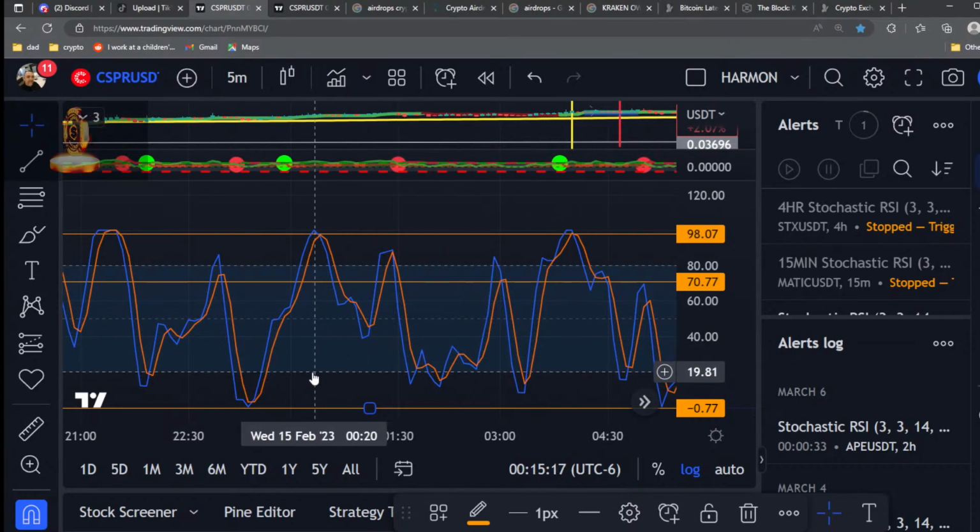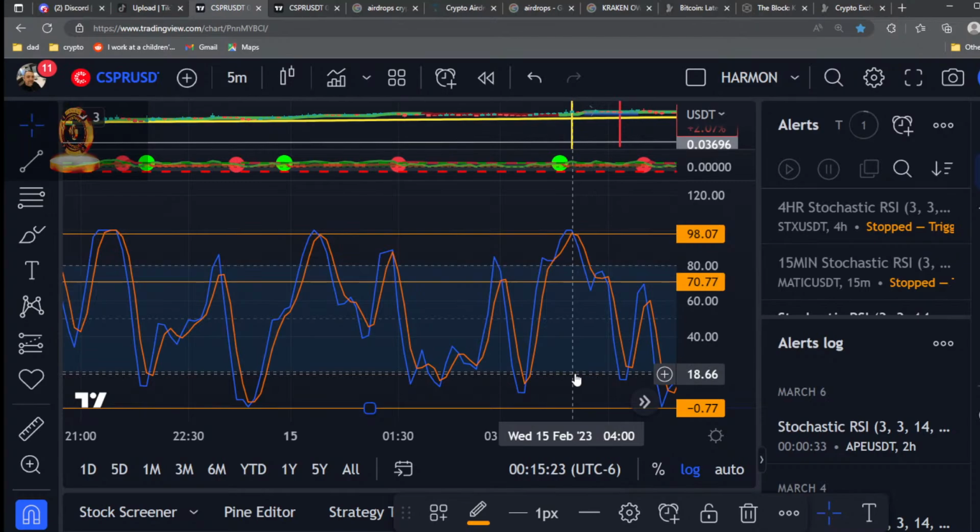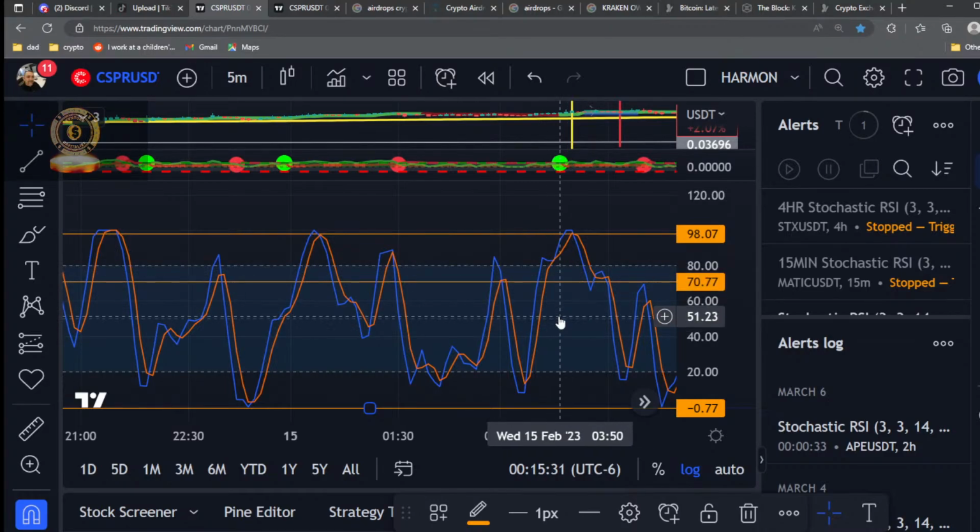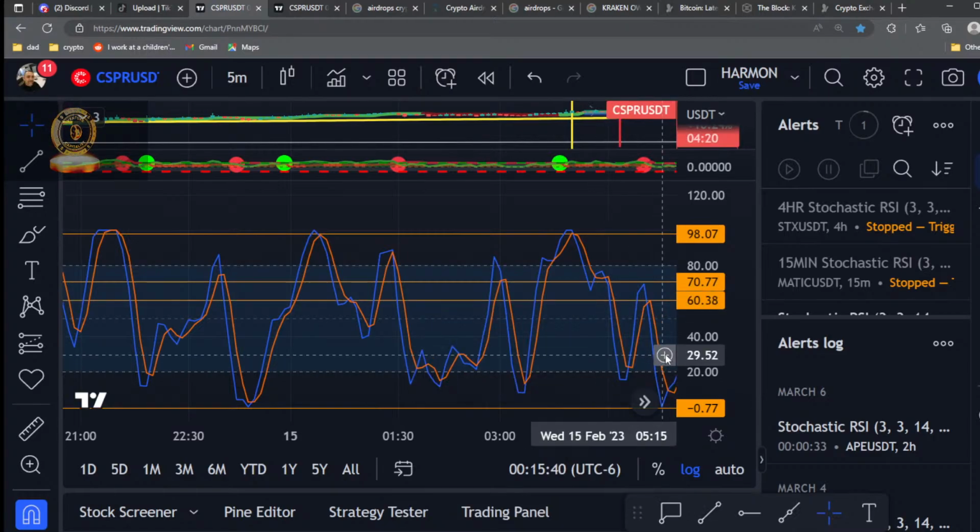This abbreviated line here is the 20 mark. That's your 20 line right there. On the top, that's your 80 line. The middle one is your 50 line. I like having a 70, a 60, and a 30.